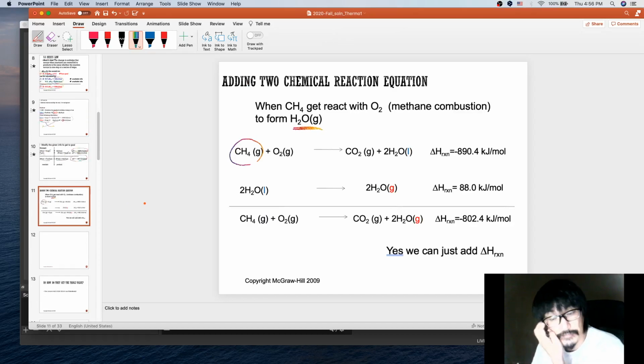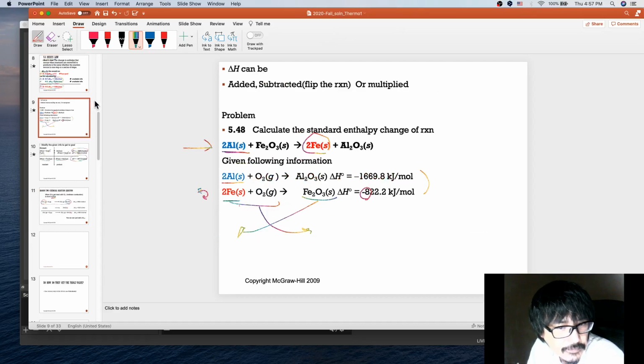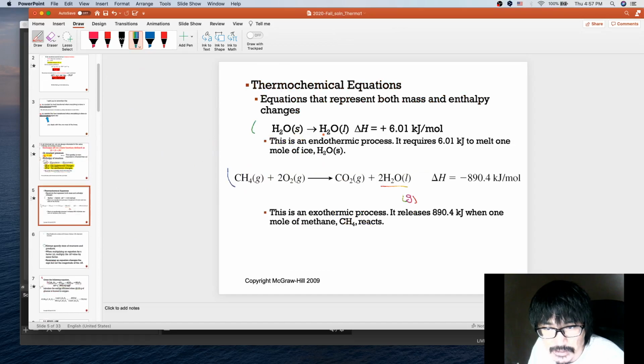So how do I do that? This one right here, no change, right? And then you have this 2H2O showing up on the product side. Now you're going to have to cancel this 2H2O with the left hand side, and you want to have the 2H2O gas instead, right? What do I do with this one right here?